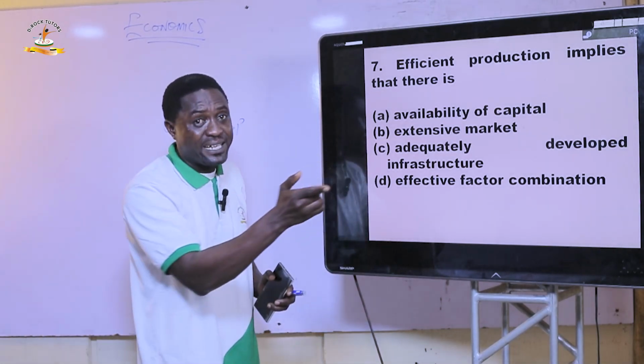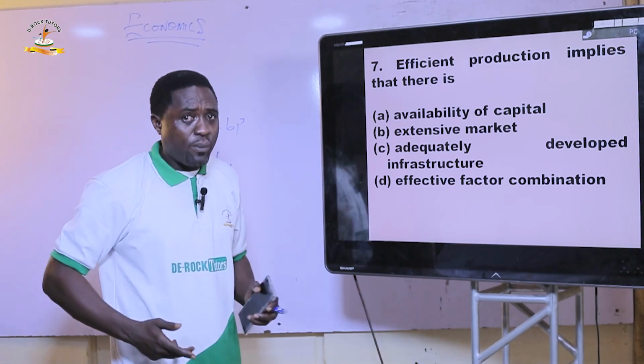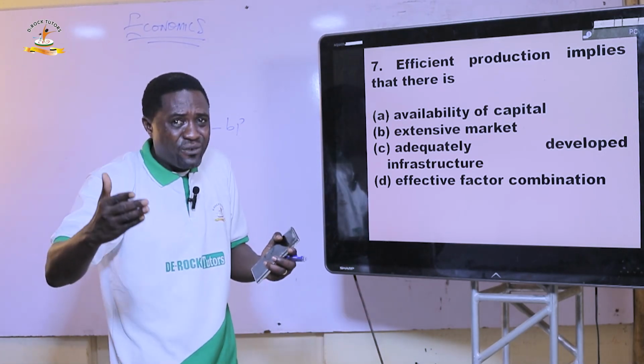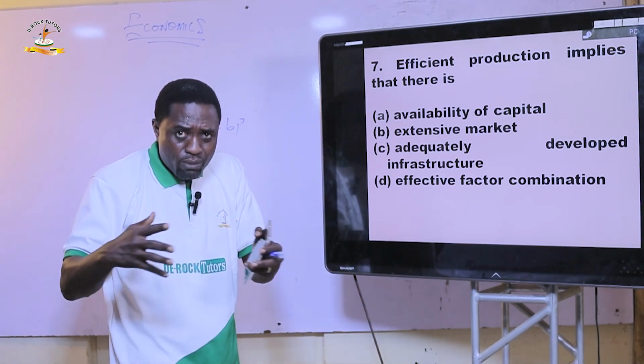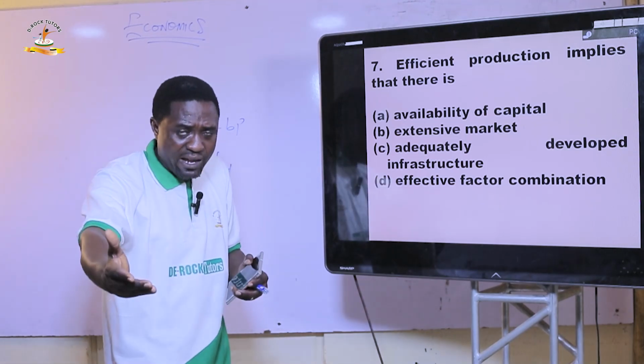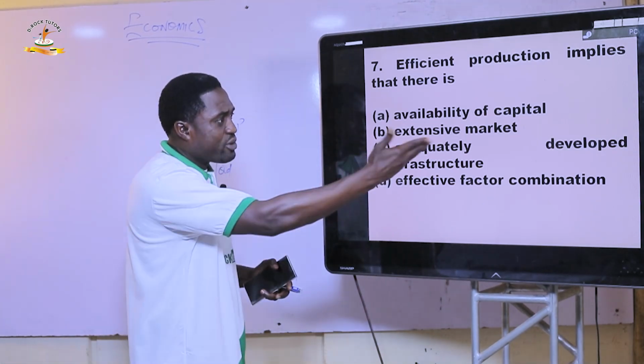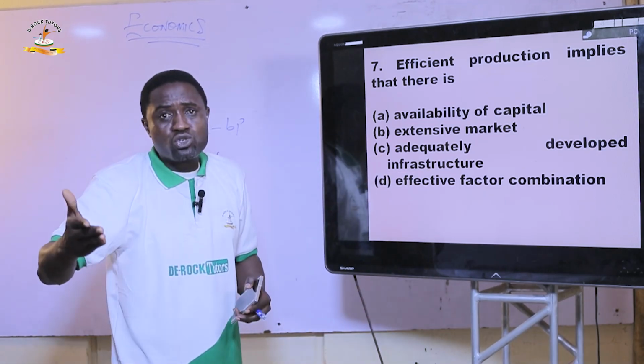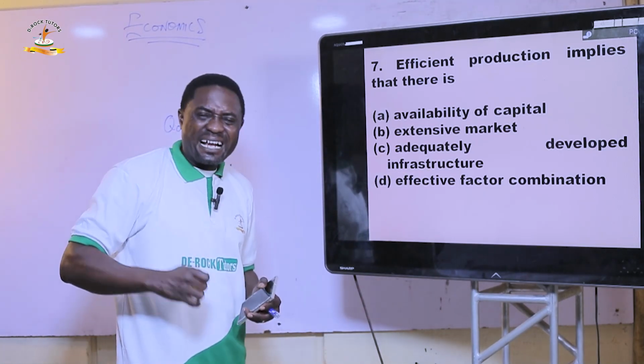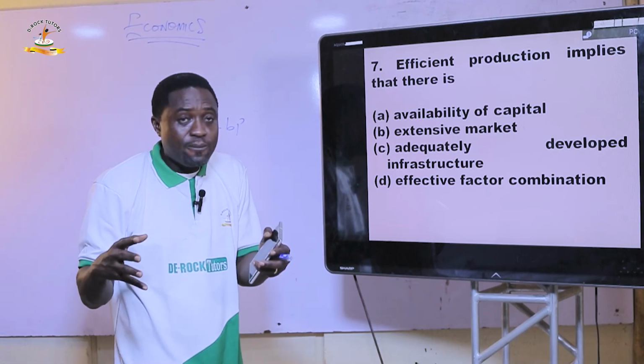Now, extensive market: you may have a broader market, but how did what you are delivering come together before people actually pay for the value they are getting? Adequately developed infrastructure is good, but that's not the only thing that contributes to efficient production.